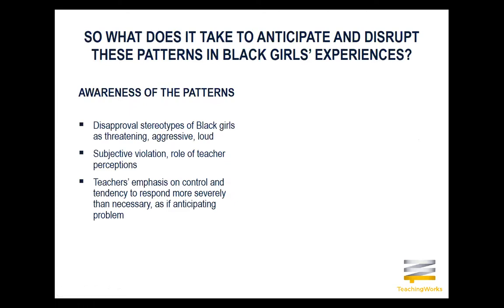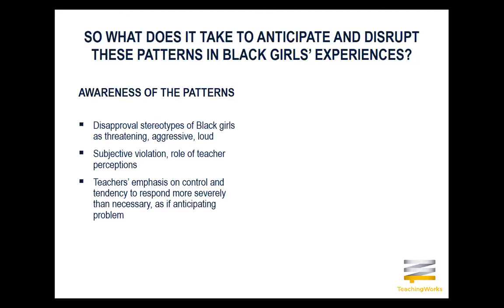So what does it take to anticipate and disrupt these patterns in Black girls' experiences? Well, first we have to be aware of the patterns. So there are some disapproving stereotypes that individuals have out there about Black girls, that they're either threatened or they see them as aggressive or loud. And this is all based on how the teacher is perceiving them rather than who they really are.